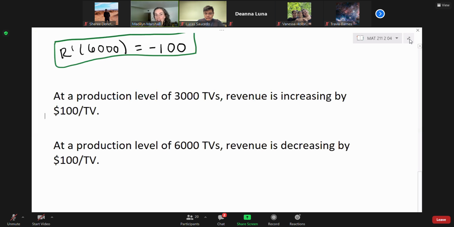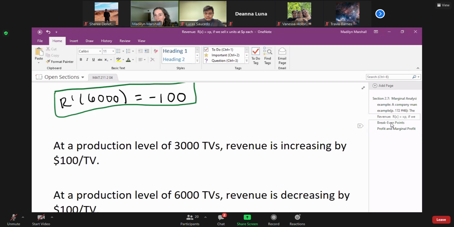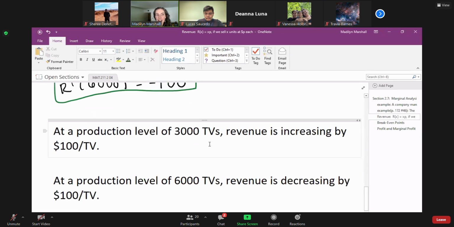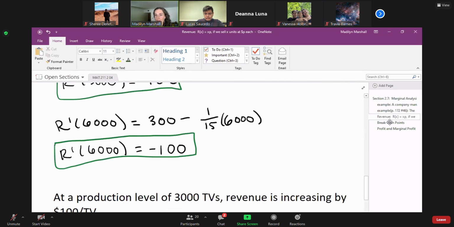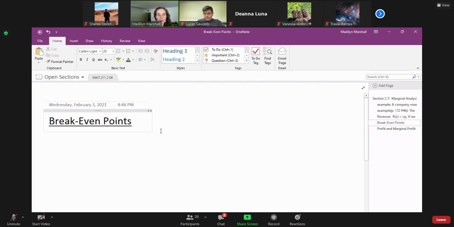So we're going to get to part F in a moment, but first I want to talk about one more vocab, which is about break-even points. So far we have talked about cost and we've talked about revenue. Break-even points take both of those into account.